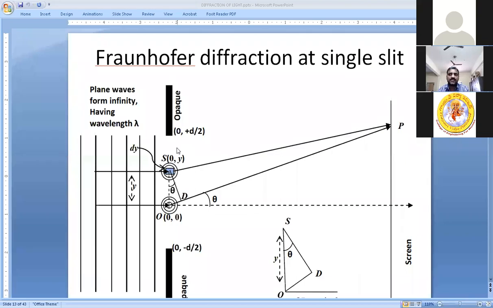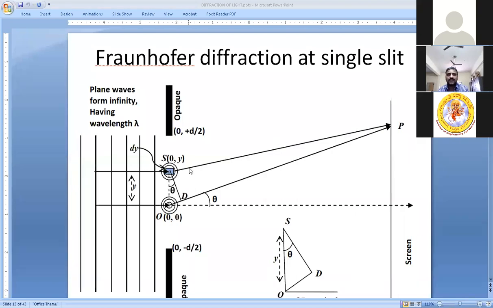According to Huygens theory, every point between plus d by 2 and minus d by 2 along the y direction will act like a spherical source of light, a spherical wavelet, traveling in all directions. We are interested in analyzing a spherical wavelet coming from S and arriving at P, whether it is because of the lens or coming directly, we are not really bothered.